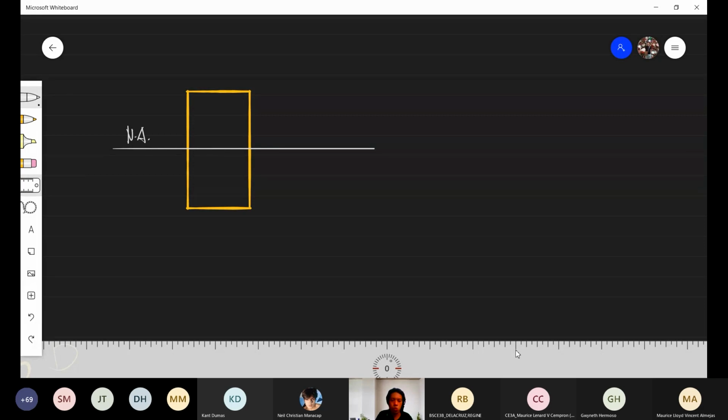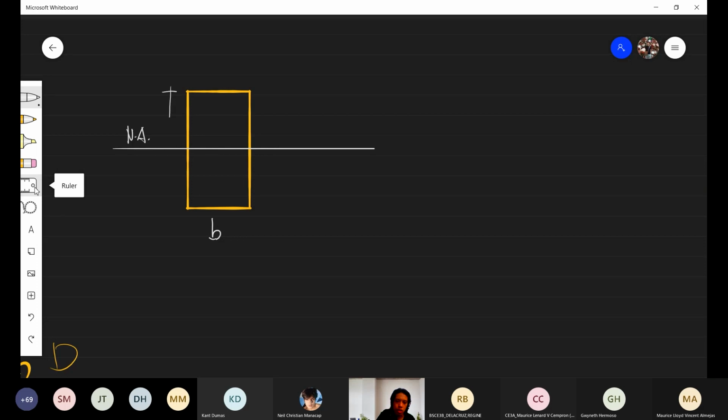Okay, so let's denote this distance, say this is B. This is B. Okay, and this distance, this is say D. Okay, then your B is equal to say 150 and your D is equal to 350 pananglitan.